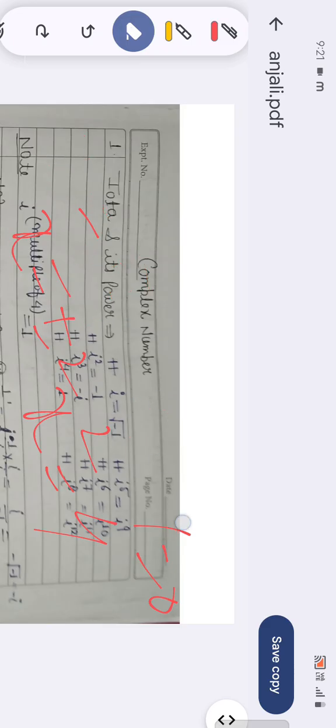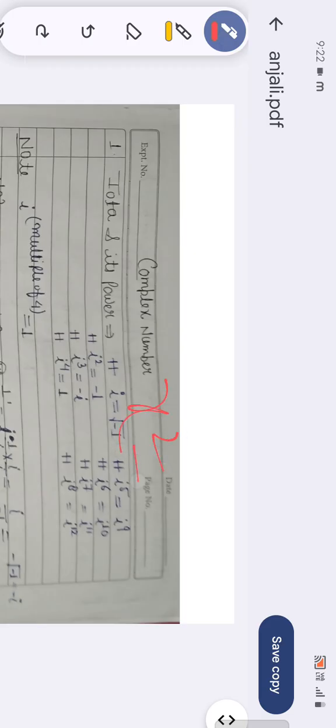Similarly, if we want to find out the root of x square plus 16 is equal to 0, then x square will be minus 16. But we know only the root of positive numbers, and in this equation we have been given minus 16.